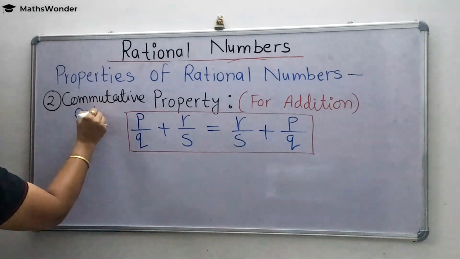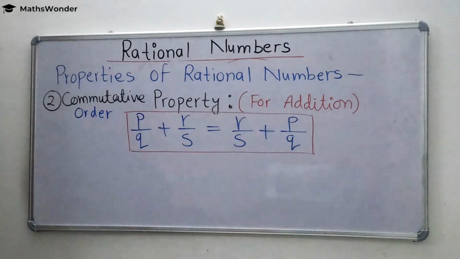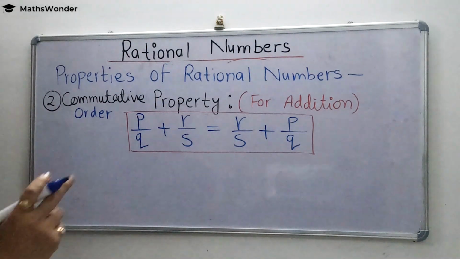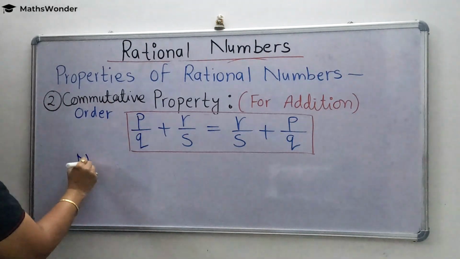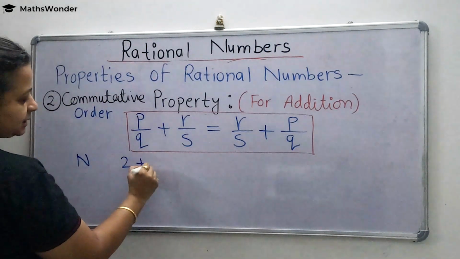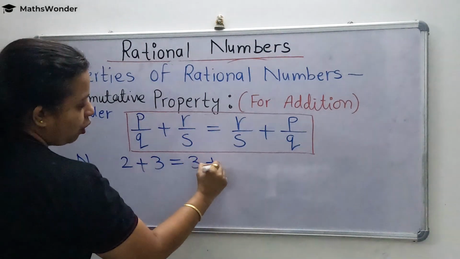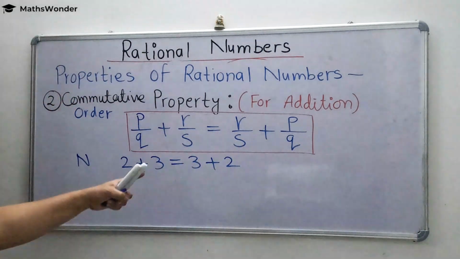Means if you change the order, your answer remains the same, right? Commutative comes from the word commute, which is move around, so the commutative property is one that refers to moving numbers. Same in natural numbers: 2 plus 3, if you change the order, you will get the same answer on both sides.